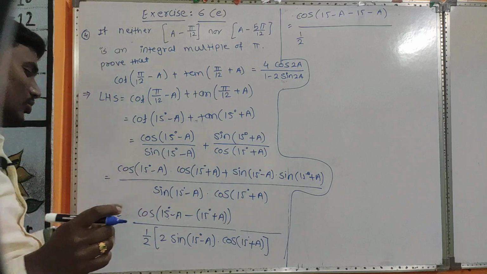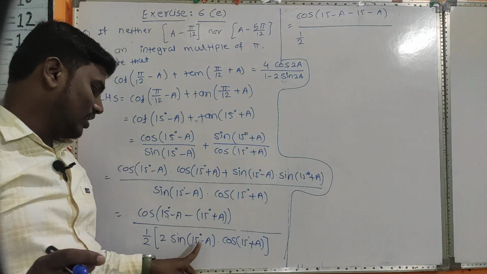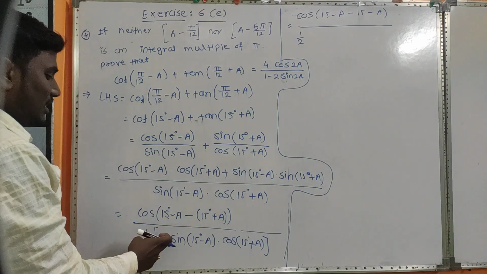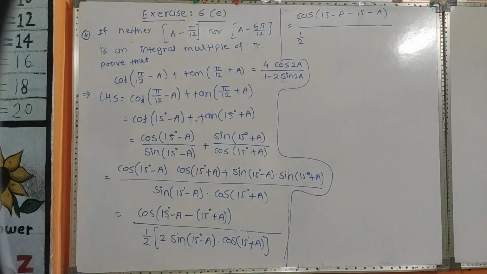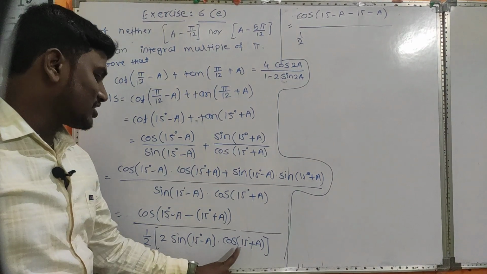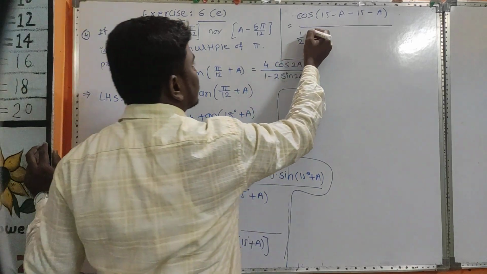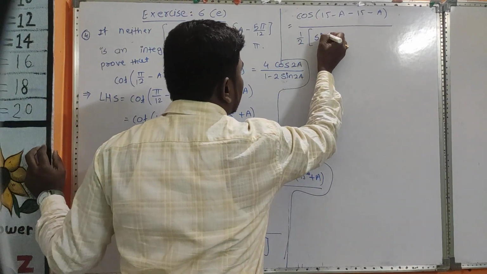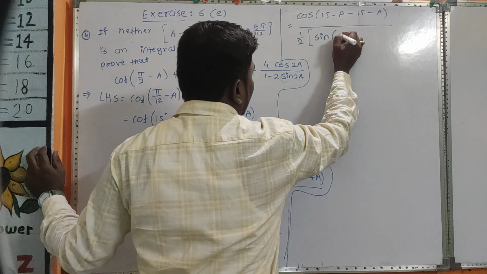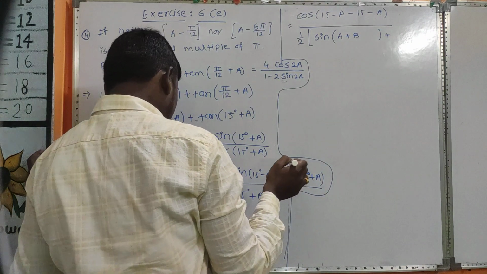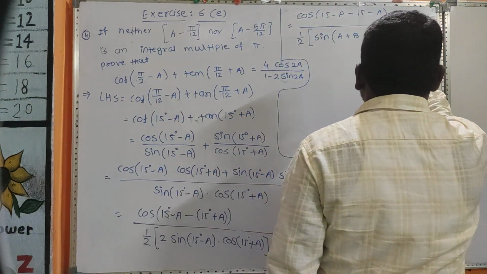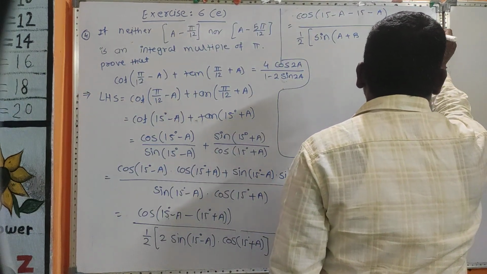So this 2 sin A into cos B, what is the formula? 2 sin A cos B is sin(A plus B) plus sin(A minus B).